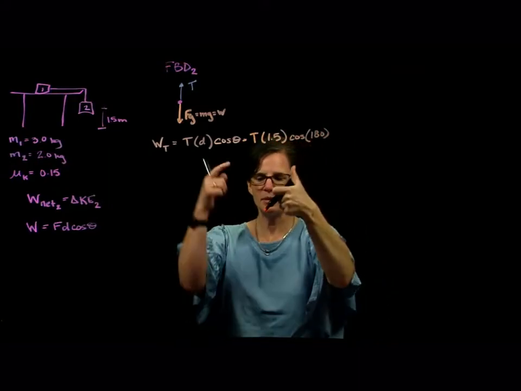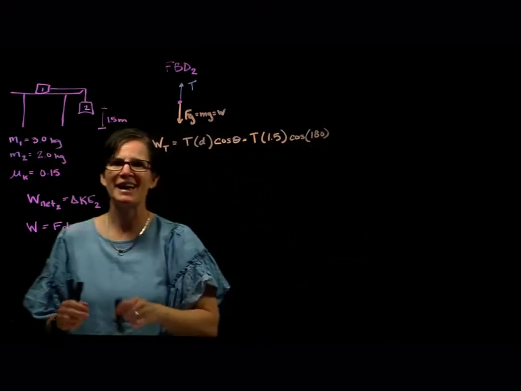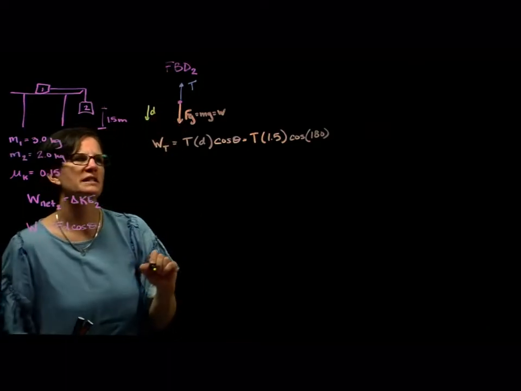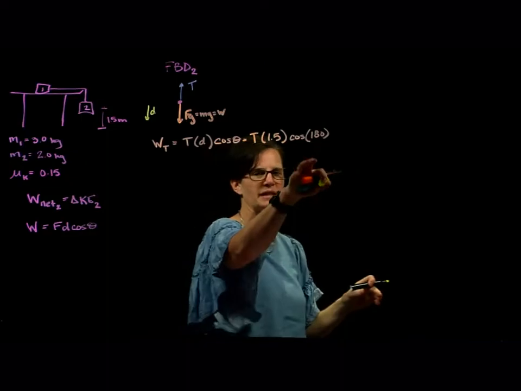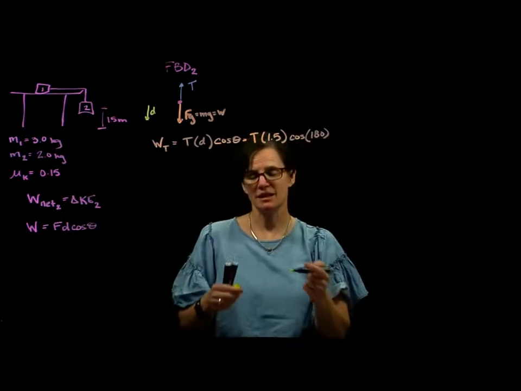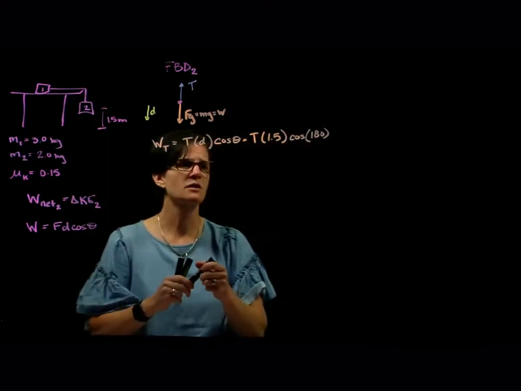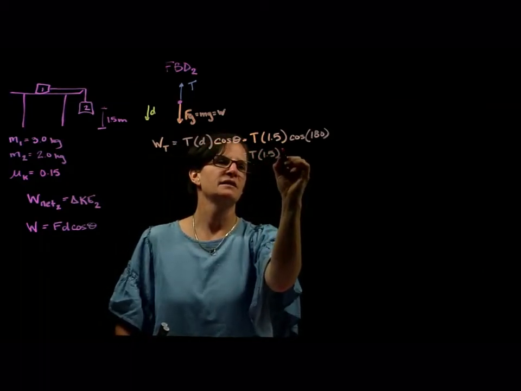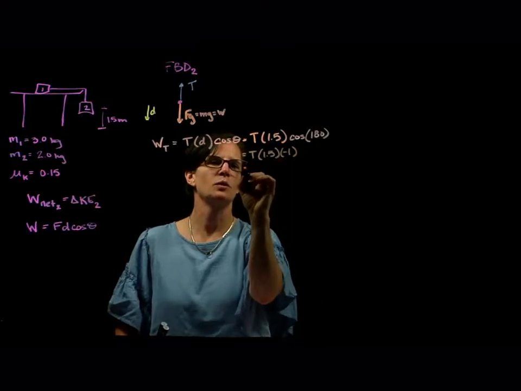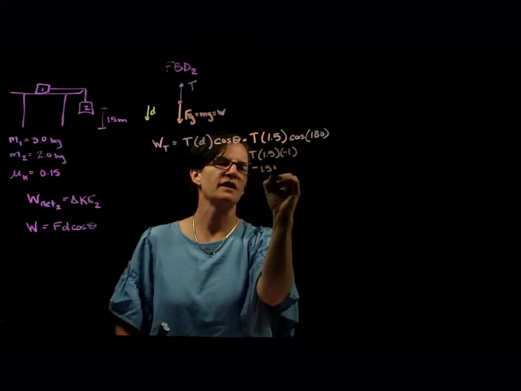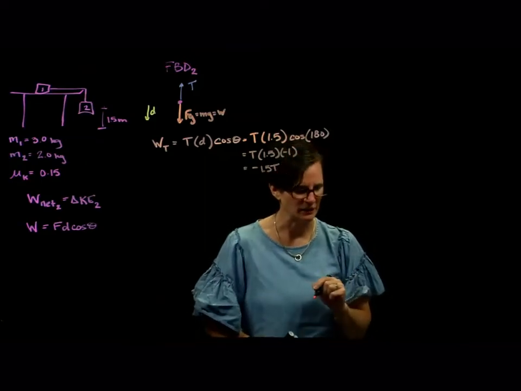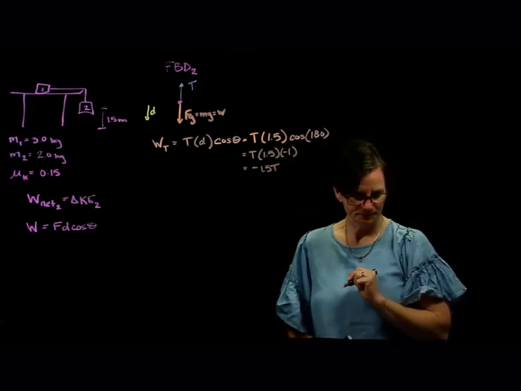The tension is up where the displacement is down. It's okay to put the direction of your displacement to help you frame that angle. Tension is opposite the displacement. So we end up with T times 1.5 times -1, or -1.5 T. I don't know T, but we know the work done by that tension is -1.5 T.